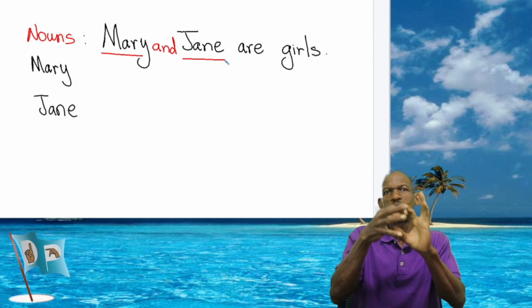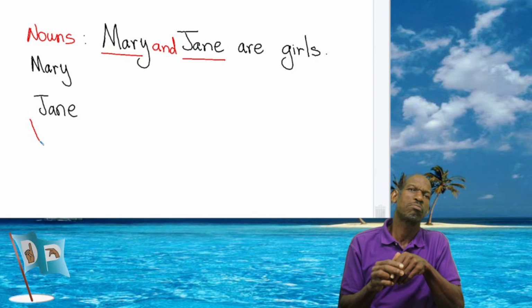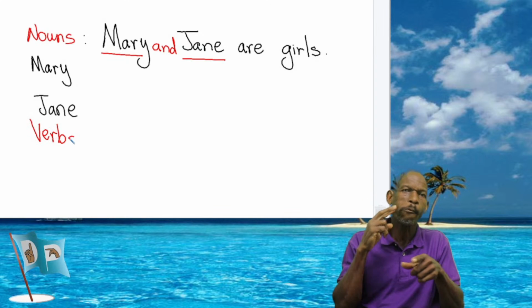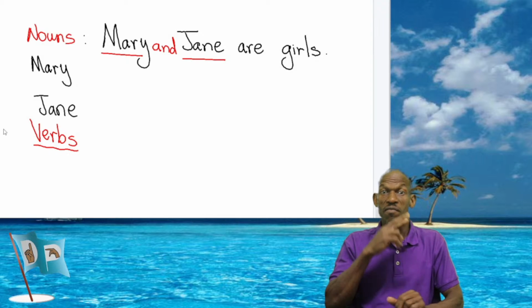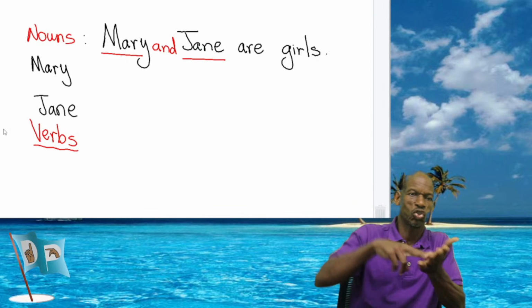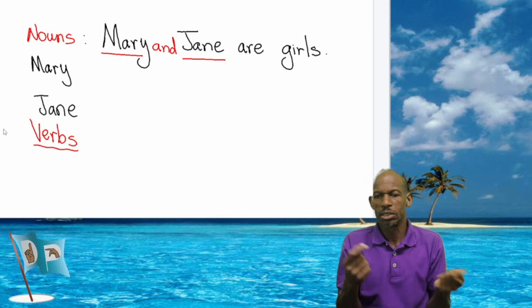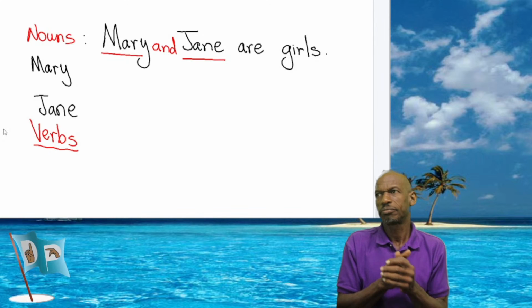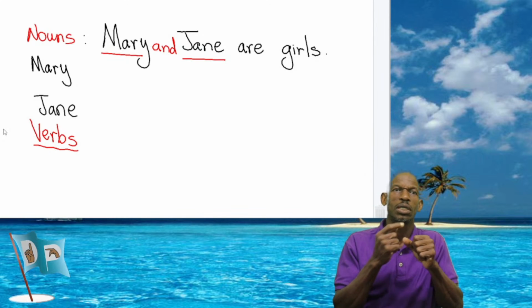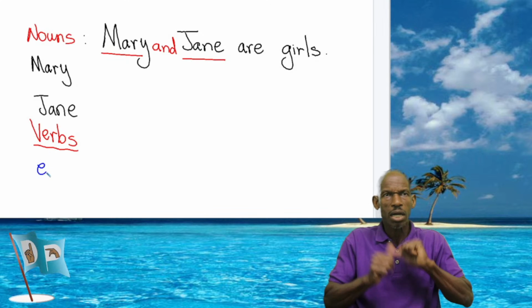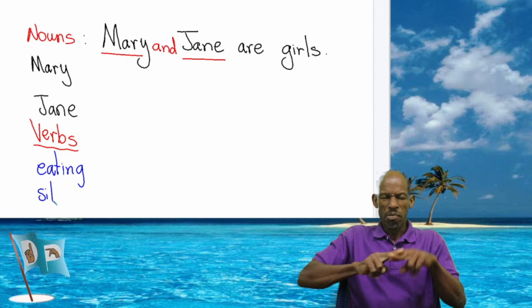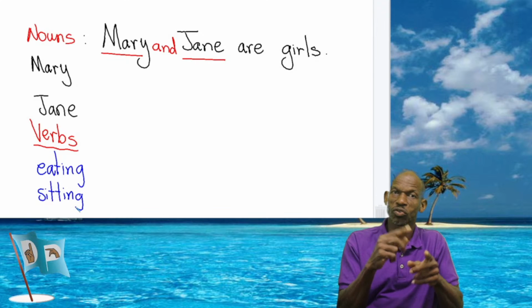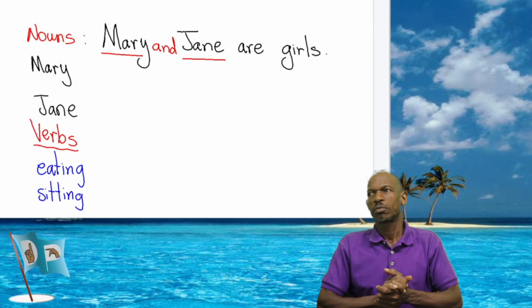Similarly, if I have verbs, the verbs are action words, and we know action words. I'm saying certain actions that are taking place. So we could have eating, we could have sitting. These are two verbs.